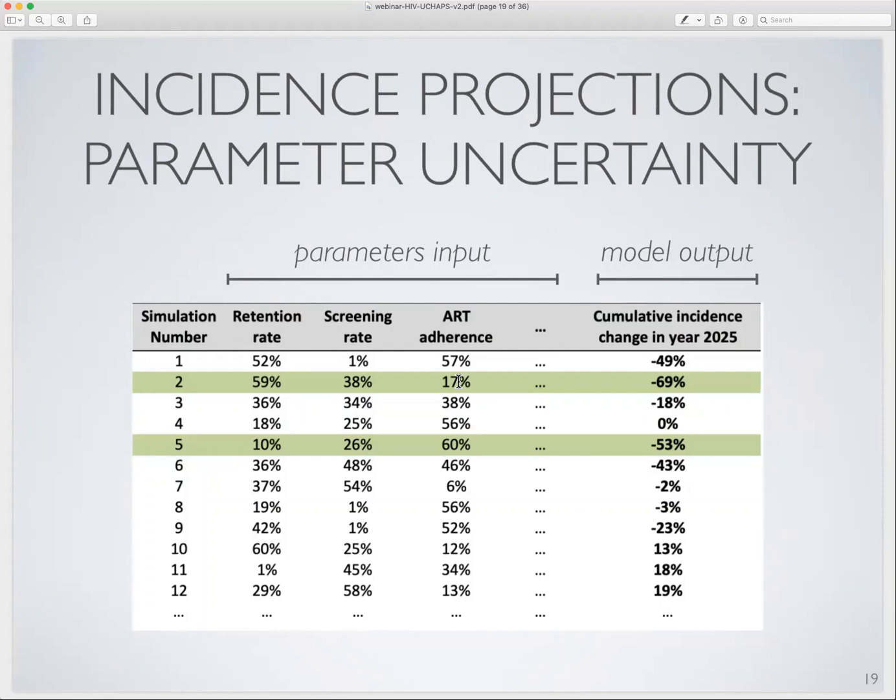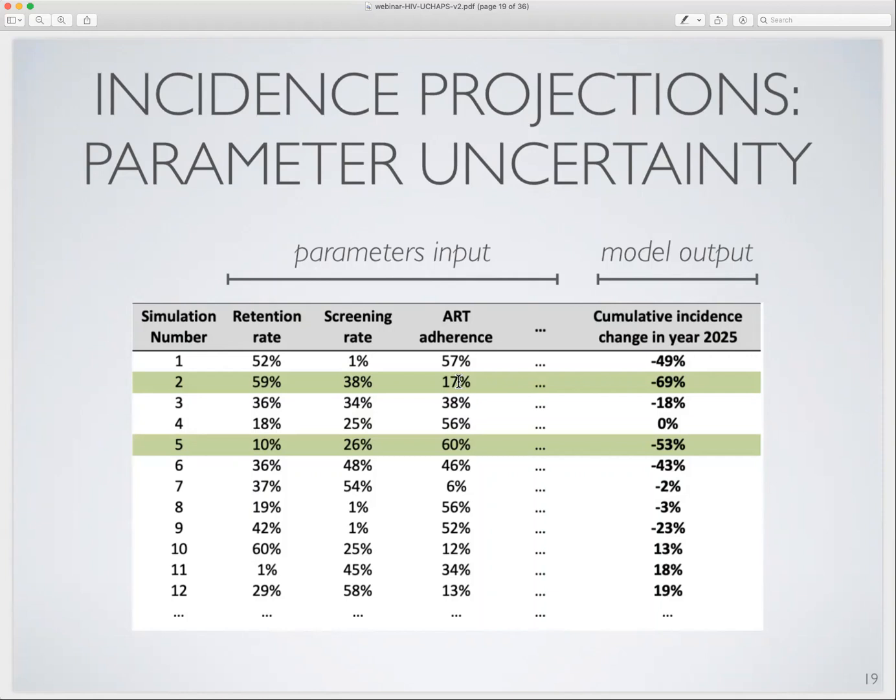Each scenario has a different value for the focal parameters. So for example, the first line here, the model ran a simulation with a retention rate of 52%, a screening rate of 1%, and you have other parameters. For example, adherence to treatment was set at 57%, and so on and so on. So these are your input parameters.